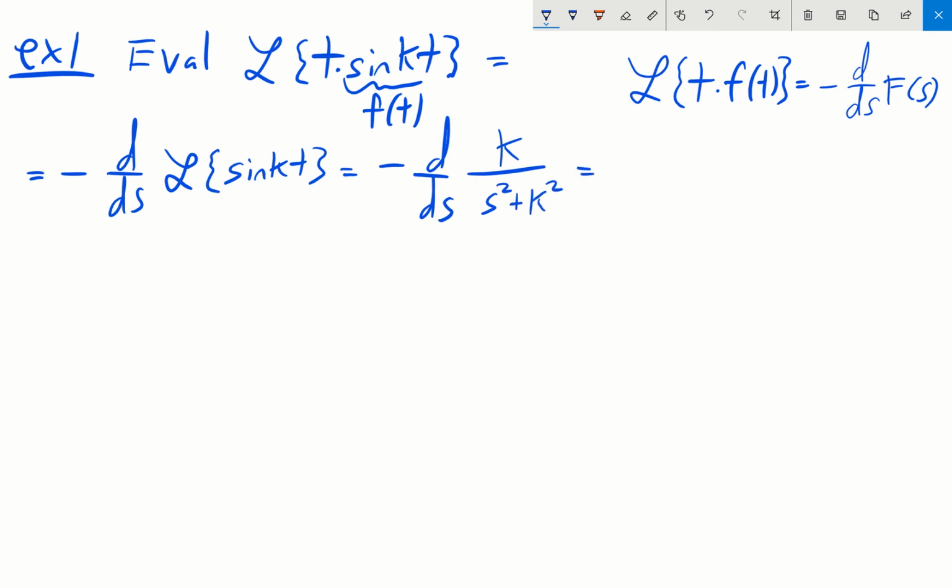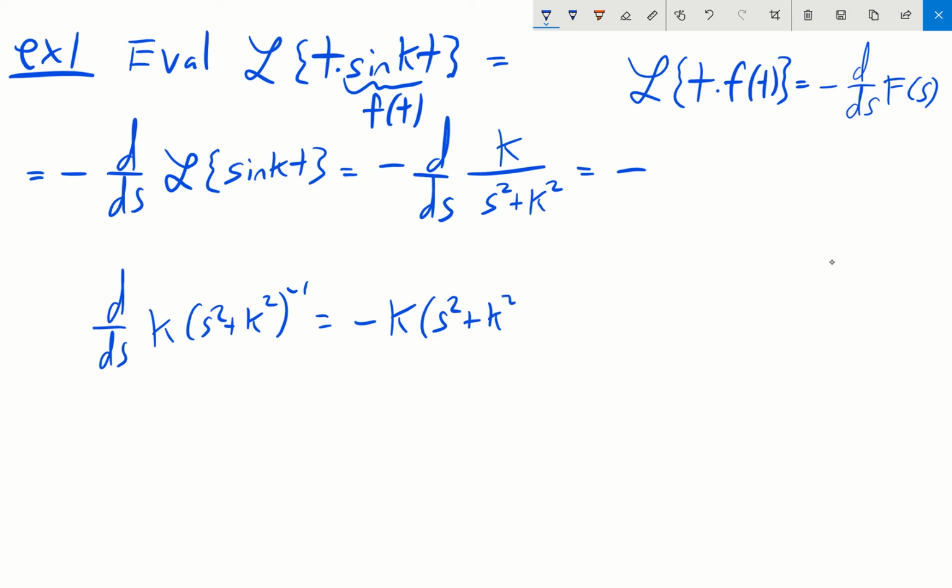And now all we need to do is calculate that derivative. Okay. Again, I'll show it in more detail than I probably would normally. You can use the quotient rule or a quick rewrite. You can use the chain rule. The negative sign is going to come down. Leave the k alone, it's a constant. We have s squared plus k squared now to the negative second power. And then from the chain rule, times the derivative of the inside with respect to s would give us 2s.